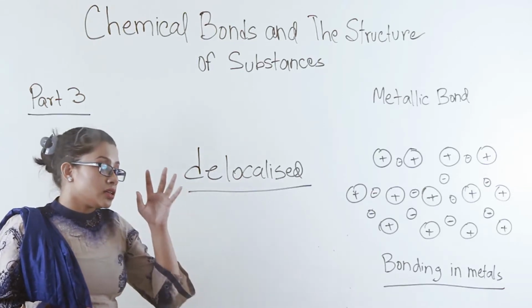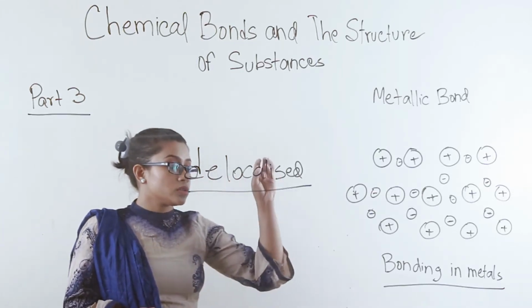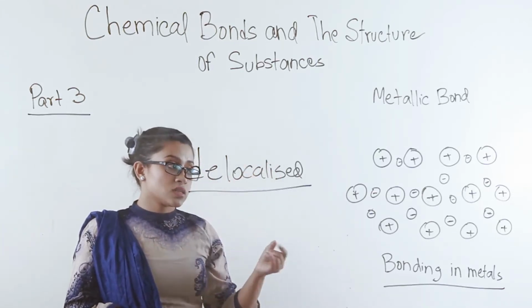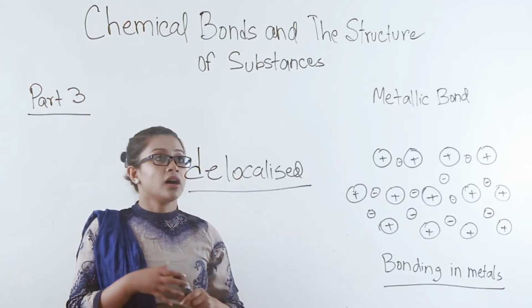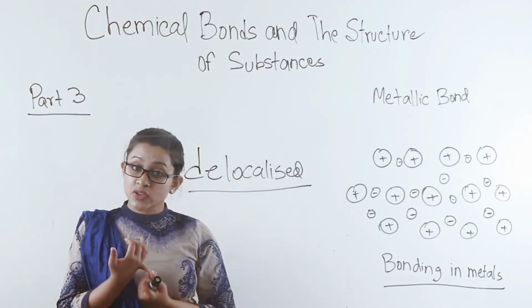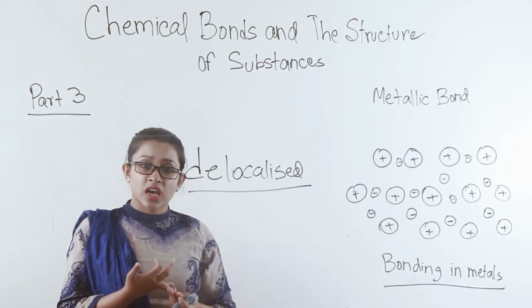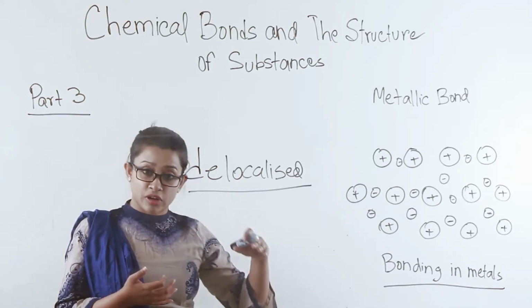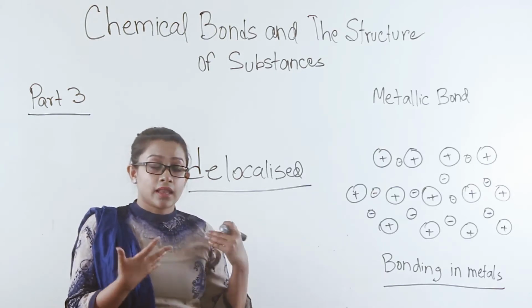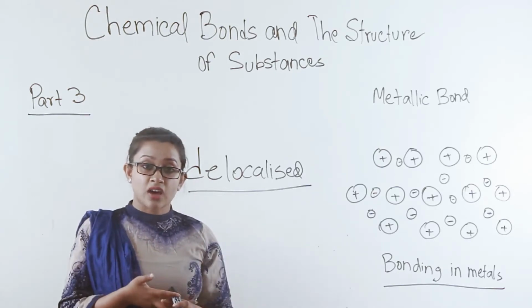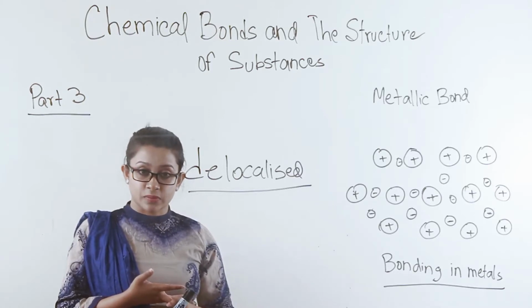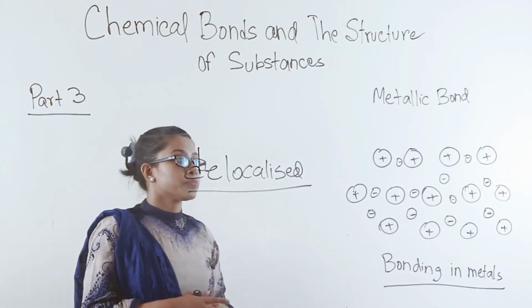So, not only do the free moving electrons give metals easy electricity conduction, they allow the metals to have strong bonding due to the force of attraction. They cause the metals to have high boiling and melting temperatures.